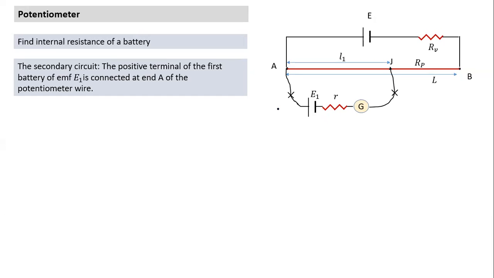And we mentioned already, to obtain a balancing point, the positive terminals of the secondary circuit battery and the primary circuit battery should be connected to the same point. This should be the polarity. So it is connected in this fashion to the potentiometer wire. And again, we find a balancing length. Let's say we find a balancing length equal to L1.